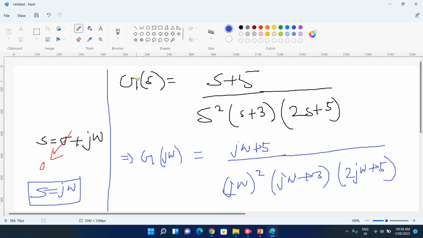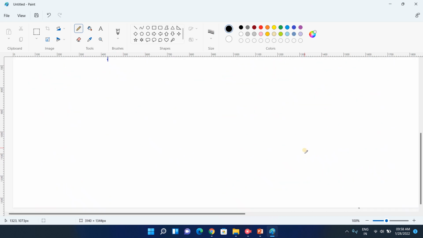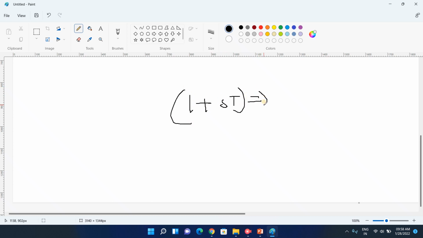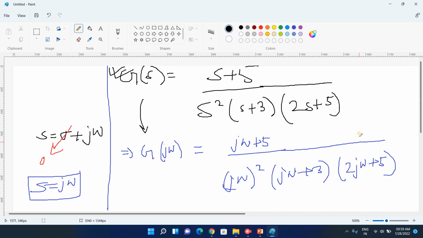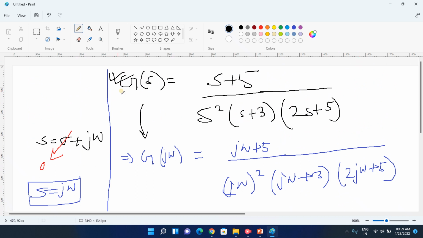Now, in Bode plot, whenever a transfer function is given in s domain like this, you have to convert it into the frequency domain, and you have to represent it in this way, like 1 plus sT in s domain, or in frequency domain 1 plus j omega T. This is the method.